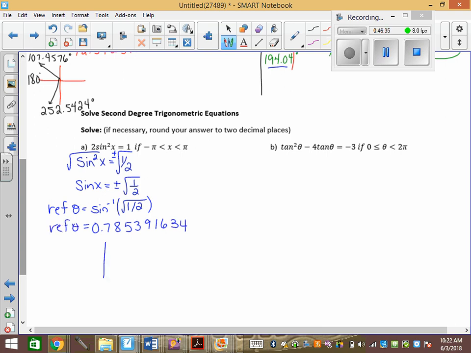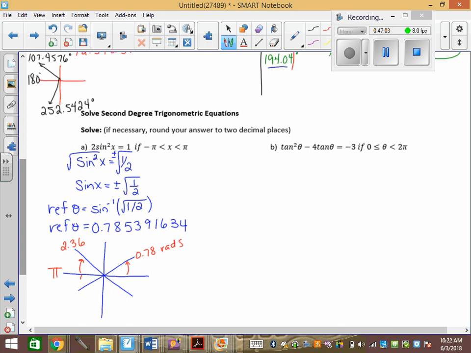Then I know it's in every single quadrant. Here, here, here, here. So this answer is correct, 0.78 rads. These ones, instead of going 180 minus, you're going to go pi minus that. You're going to get 2.36 rads.